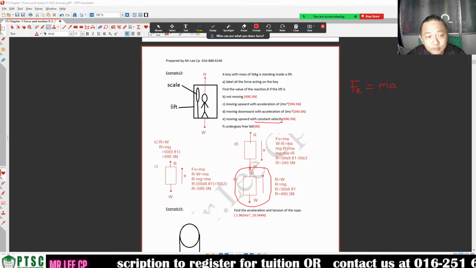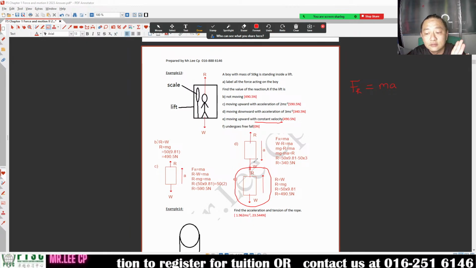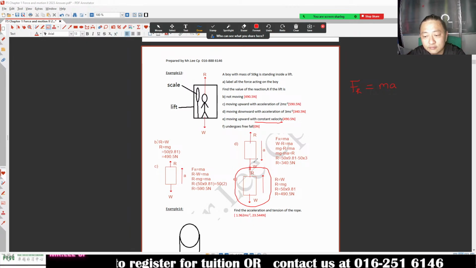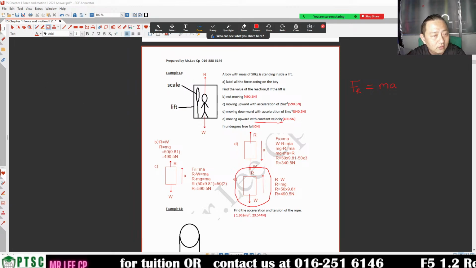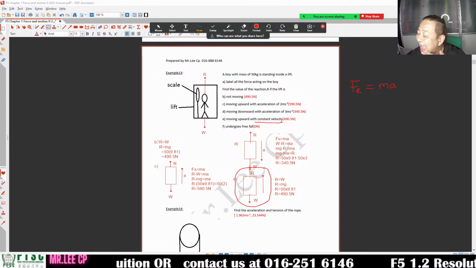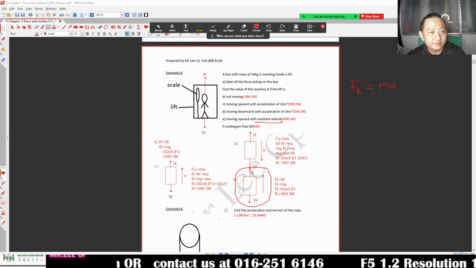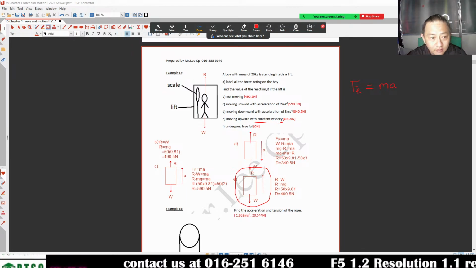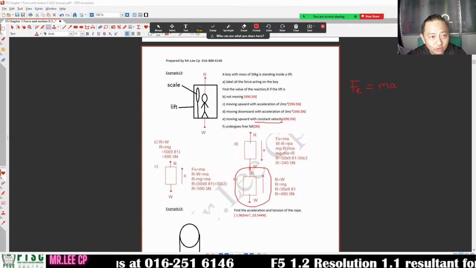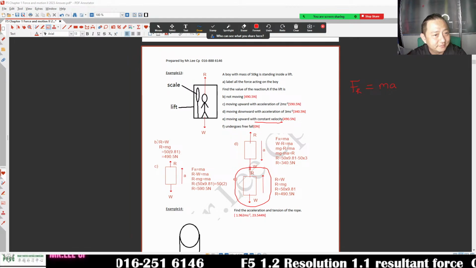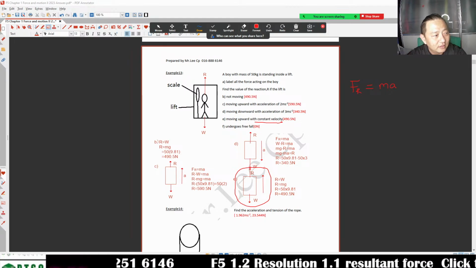If this thing is moving upward, four. How about others? Four watts.